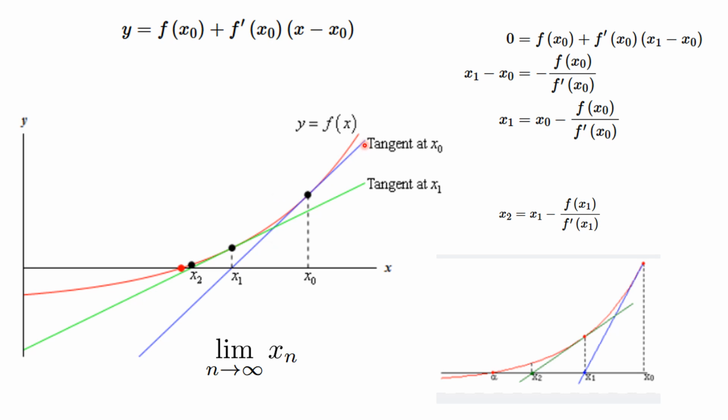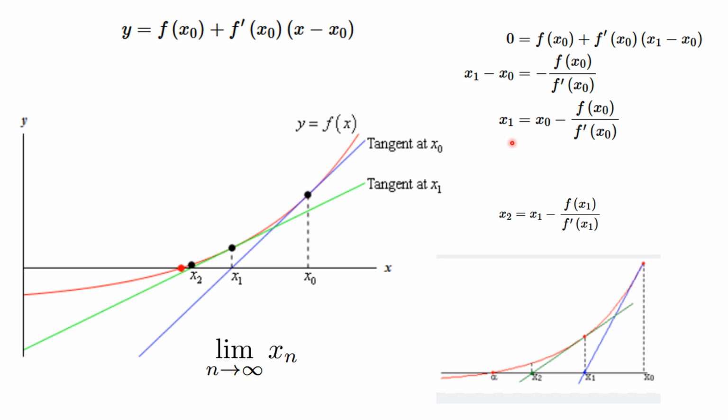Newton's reasoning was, well, the tangent line is a good approximation to the function, so maybe I will see where the tangent line hits the x-axis. We do that by taking the equation of the tangent line, setting y to be 0, and solving for a point called x1.